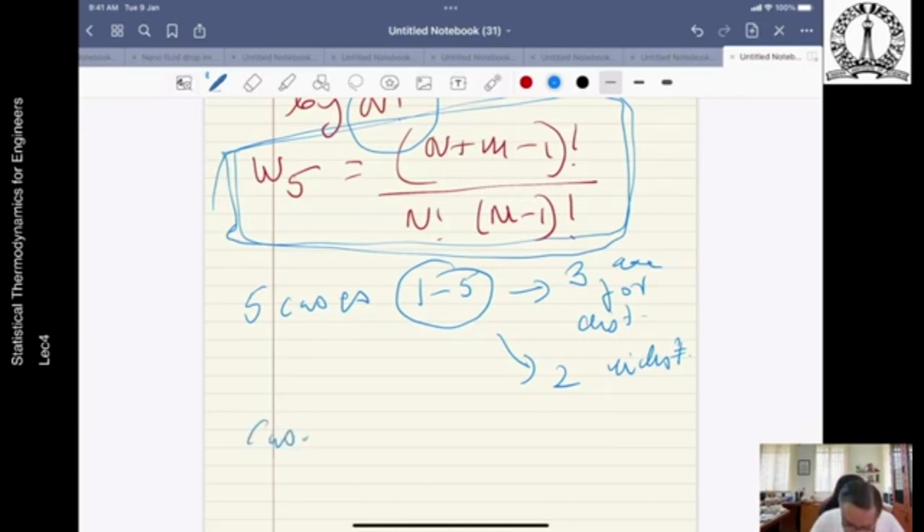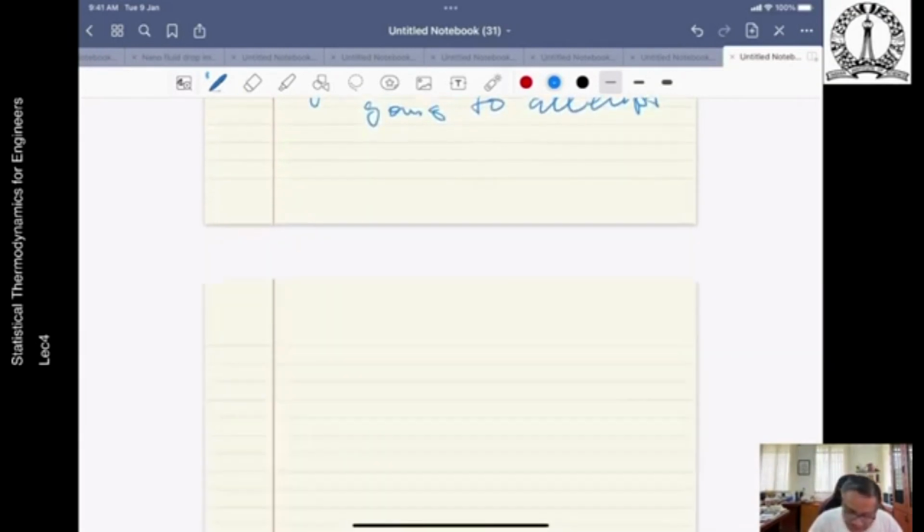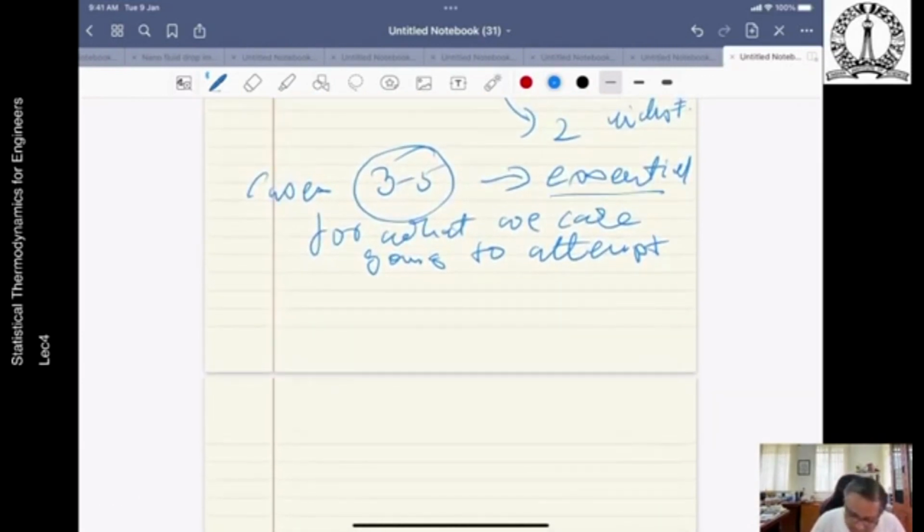So cases 3 to 5 will be essential for what we are going to attempt after we learn a little bit of the quantum mechanics.